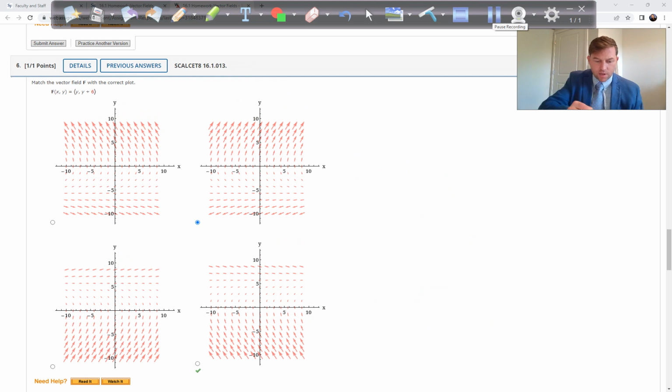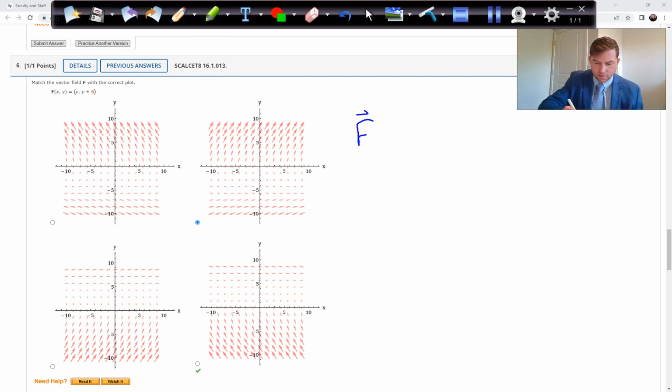Okay, for 6, we have to do a little more work. So it says the vector field of x and y in 2 dimensions is equal to y, y plus 6. So what I did was I just picked values. Notice that this vector field does not depend on x at all.